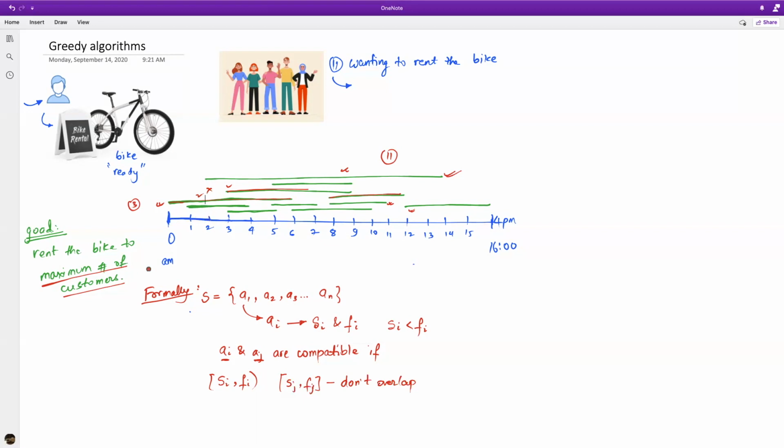And the goal for us is to select a maximum size subset of mutually compatible activities. In other words, from this set S, we want to obtain a smaller set in which all the activities are mutually compatible with each other.